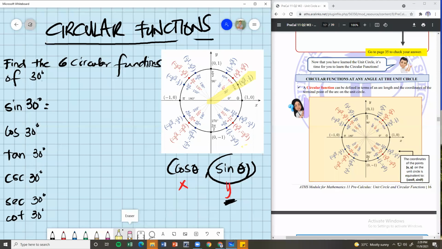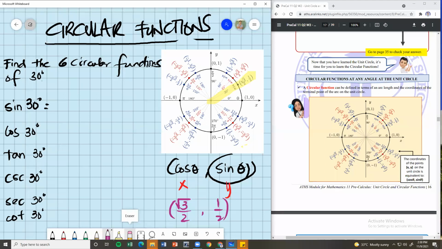So I would like you to focus on that kasi we're talking about the 30 degrees. So all your answers will be derived from this. So we have here the coordinates. Let me write it here below. So my coordinate for the 30 degrees is square root of 3 over 2, comma, 1/2.